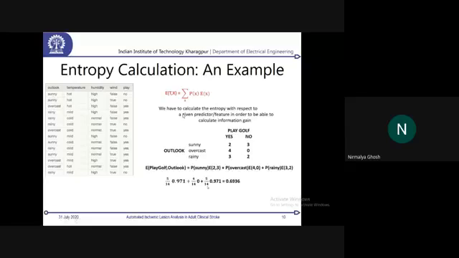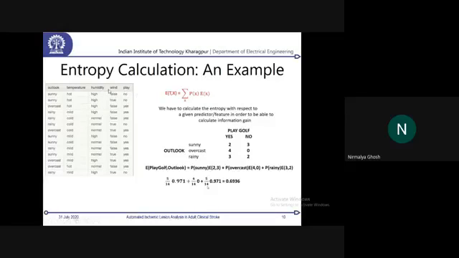In this one, if we are considering the entropy for outlook, on the basis of outlook, if we try to break it out, what is the entropy value? So how to find out? At first, for this entire data set, how many data points do we have? 1, 2, 3, 4, 5, 6, 7, 8, 9, 10, 11, 12, 13, 14.